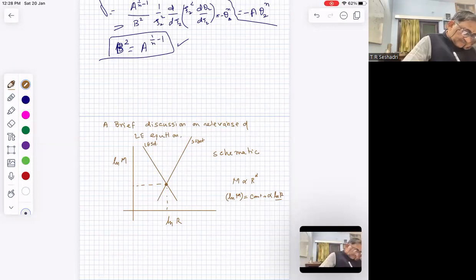So what happens? The star immediately goes to a new position somewhere here. But now this is not an equilibrium position. So ultimately what the star will do is go to a new equilibrium, to this point.